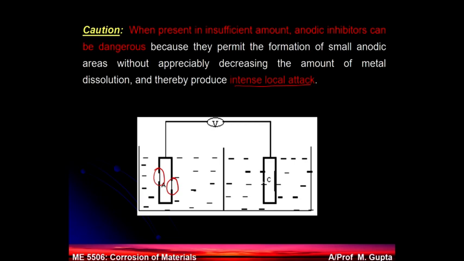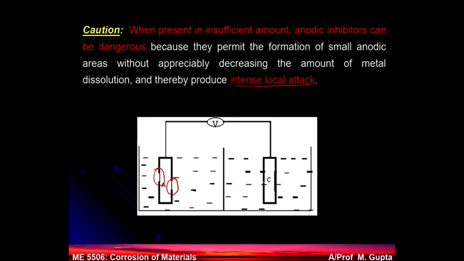The example of the shipping industry, the steel bolt in the copper sheet is bad news. In windows, the aluminum rivet in the steel frame is bad news. The same thing is happening here. Small anode, big cathode. So no matter how fast your anode wants to dissolve, it will always be supported by the cathodic reaction and it will dissolve very fast. That is why the attack will be very intense.